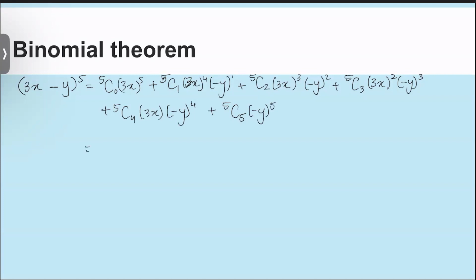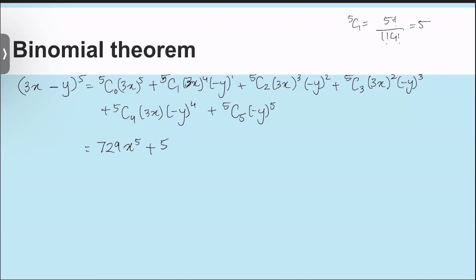Okay, so when this becomes your 1, so now you will have 1 into 729x raised to 5. Okay, then plus, now your 5C1, if you remember, 5C1 can be written as 5 factorial upon 1 factorial, 4 factorial. 4 factorial can get cancelled with 4 factorial on top, and this is 5.